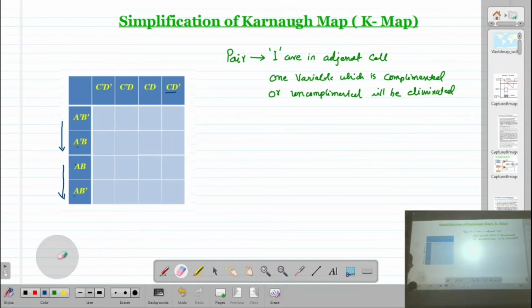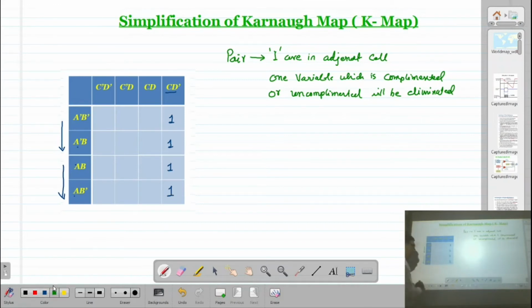Let us take one example, that suppose we have high level here, here, here and here. Correct? Now we will write what is the Boolean expression. But you can see in the Karnaugh map, then there are a number of pairs.